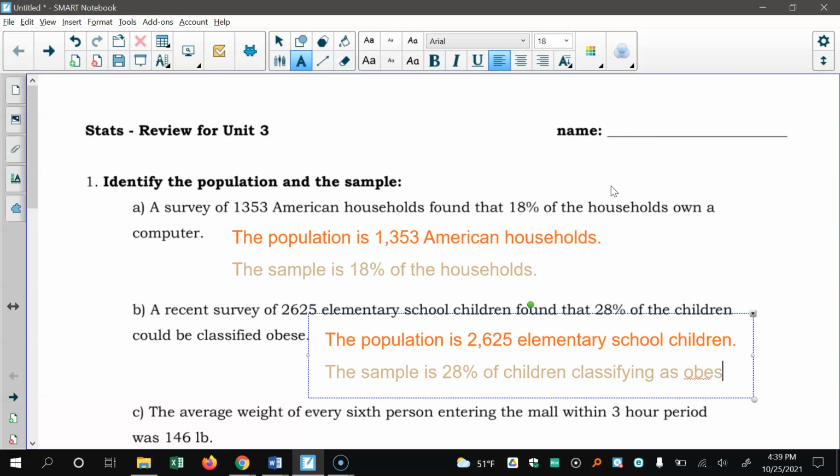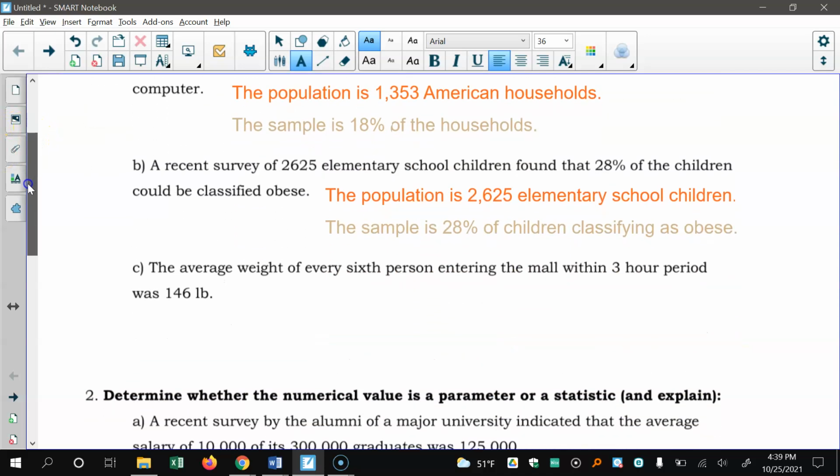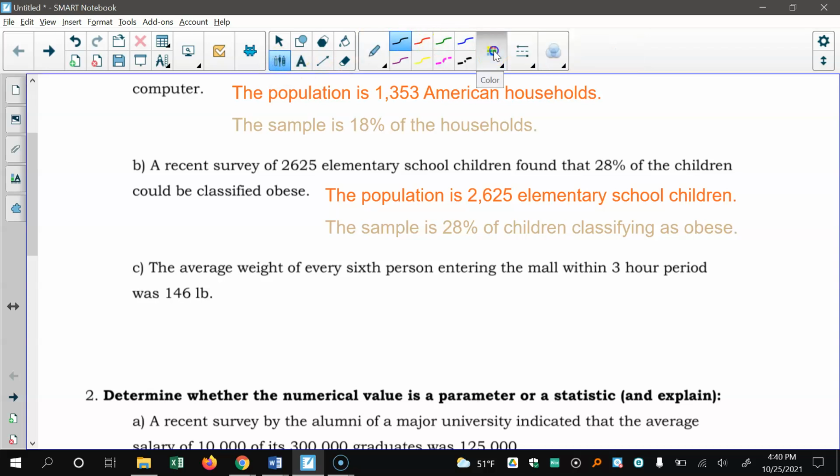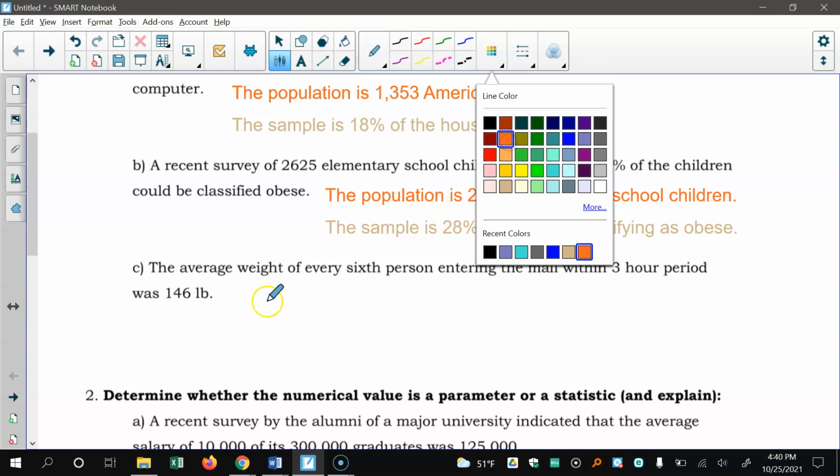Classify as obese. Okay, the average weight of every 6th person entering the mall within a 3-hour period was 146 pounds. Every 6th person entering the mall within a 3-hour period. Okay, so this one is not as specific as the last one.